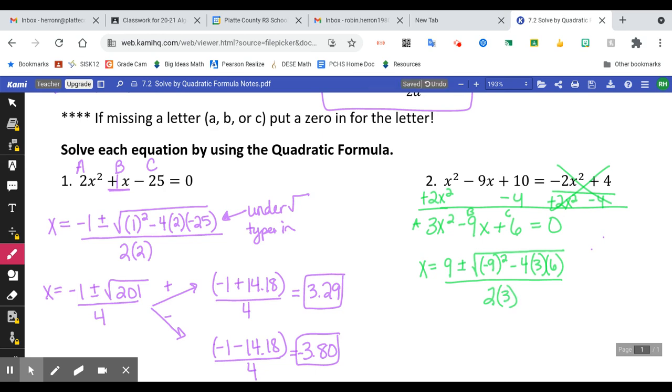So type in what's just underneath here: negative 9 in parentheses squared minus 4 times 3 times 6, and we should get 9 underneath the square root. And then divided by, and that would be 6.